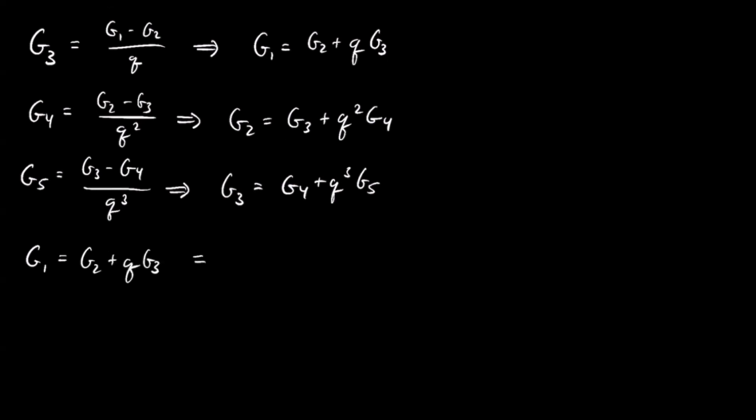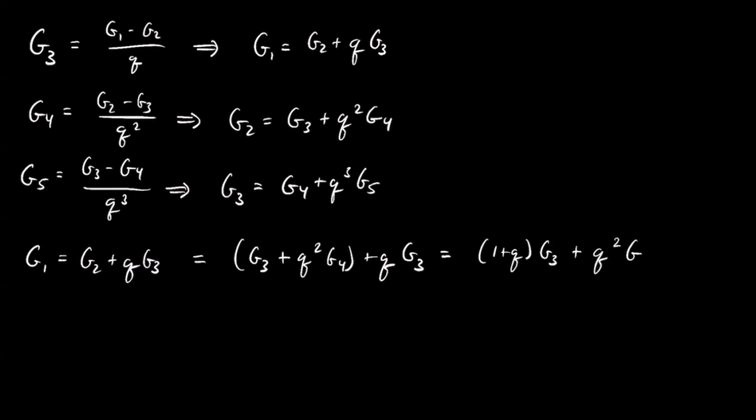And what I'm going to do is replace the G2. So I'm going to take this expression for G2 and substitute it in down here. So G2 gets replaced by G3 plus q squared G4, plus q times G3. So this allows me to write G1 as (1 plus q) G3 plus q squared G4.